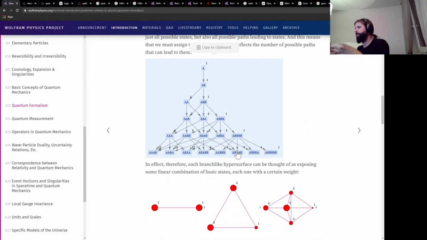Because basically the graph is growing and shrinking and whatnot, right? It's not like a straight line. So they're going to have turnings, and these turnings are somewhat related to the energy of the system.